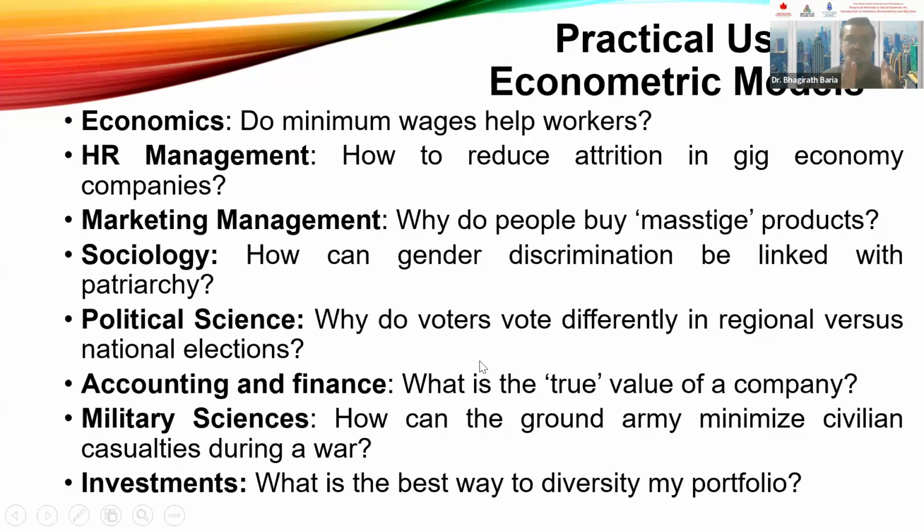In military science, very important. If you're planning for a war, let's say the Russia Ukraine war is going on, and one country is planning to initiate an attack on the other one, how would they minimize civilian casualties and damages? They need an econometric model for that. Such a fascinating area of application. It's something bad. We should never have wars.